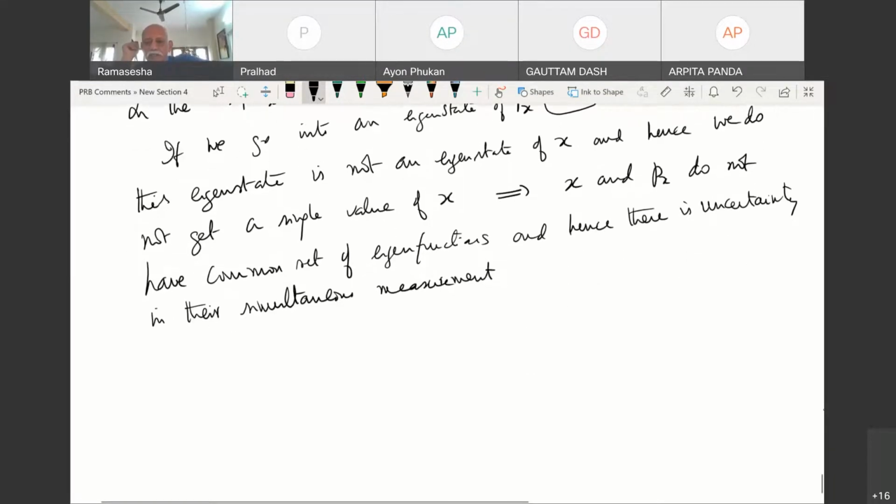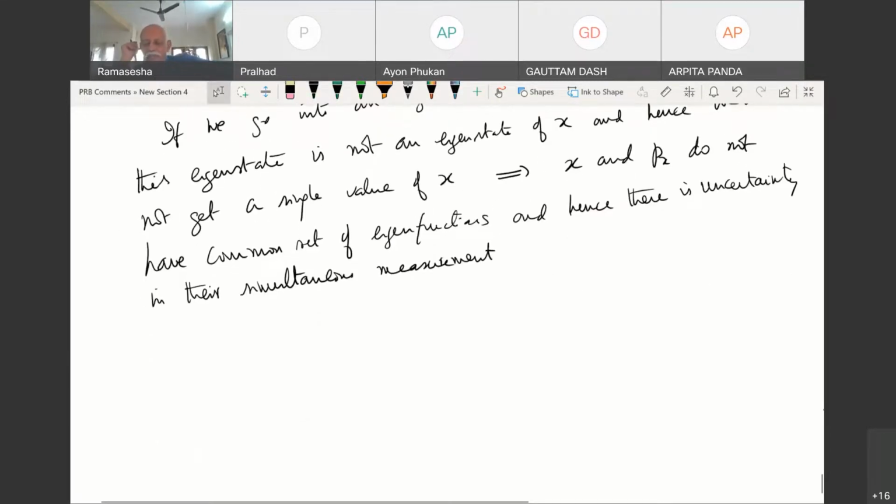But the point is the following, that you cannot measure both of them simultaneously. Now, do X and Py commute? Yes, they commute. So what can you say about the measurement of the Y component of momentum and the X component of position?